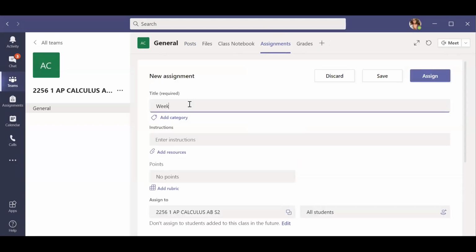So this is for week 4 Tuesday, AP Calc AB semester 2. And today we're going to talk about review of USUB, and how to use it on calculators.